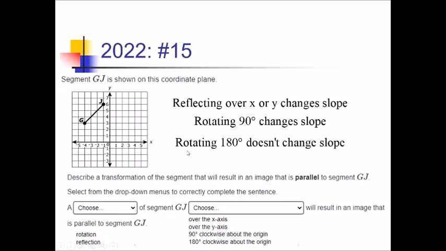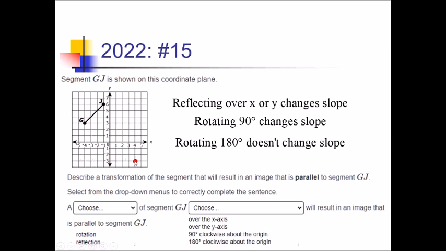Now, when you rotate something 180 degrees about the origin, it's basically equivalent to flipping it over both the x and the y-axis at the same time. So basically negating the x and the y values. So for g, we would go down to -3 and over 4.